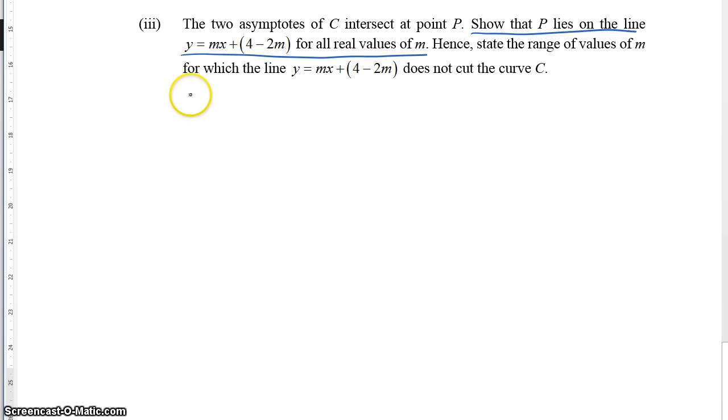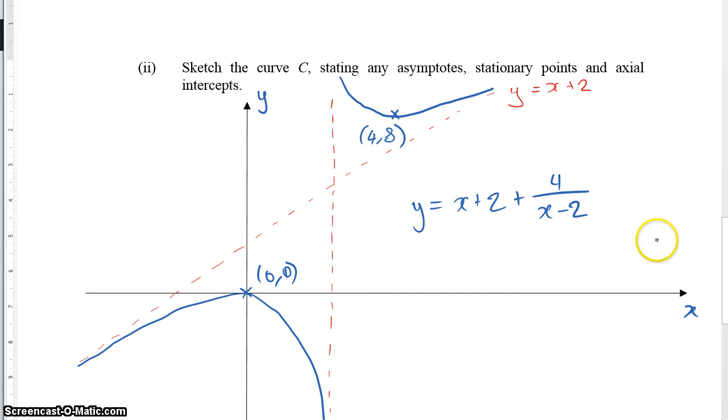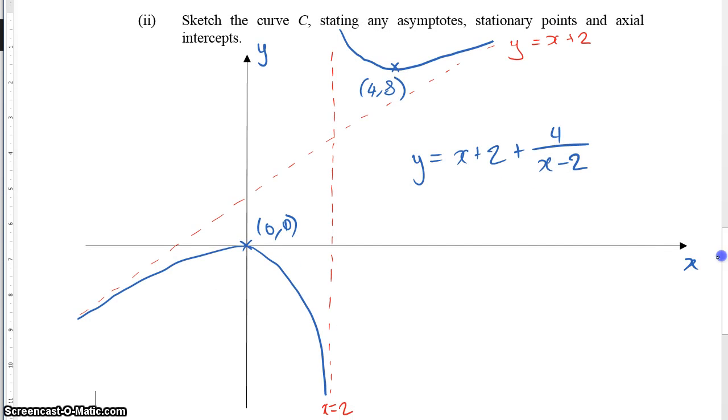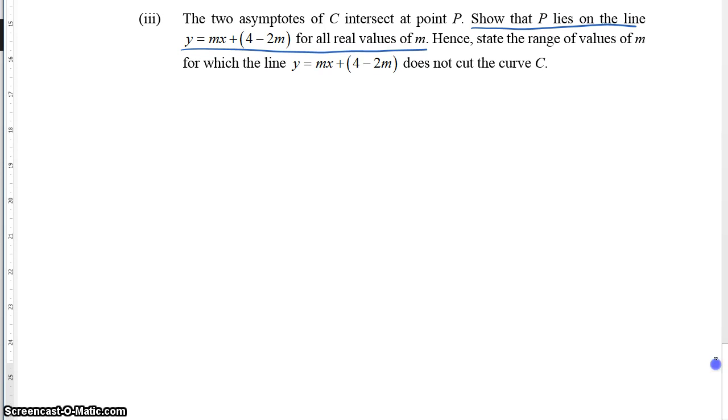So what would the right hand side be? If you look at this point here, this is when x equals 2, y equals x plus 2, so this point here must be the point (2, 4). And this is my point P, so I want to prove that (2, 4) always lies on this line here. How do I do that?